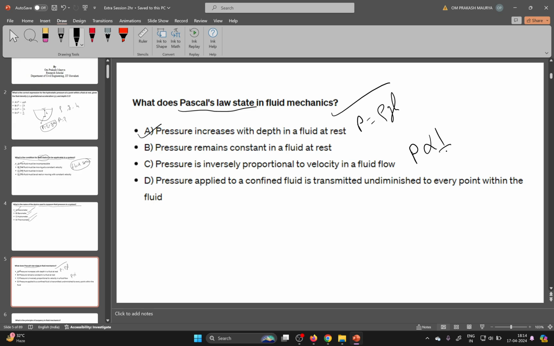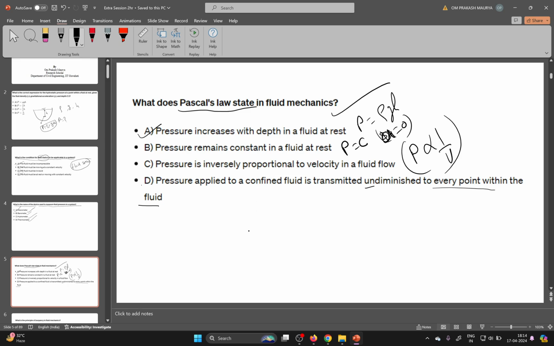Pressure remains constant in the static condition, that is, velocity will be 0, or acceleration will be 0. Option D is pressure applied to a confined fluid is transmitted undiminished to every point within the fluid.